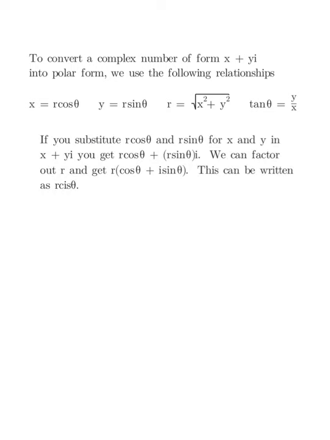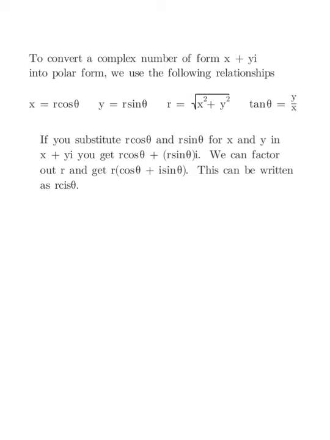If you substitute r cosine theta and r sine theta for the x and the y in x plus yi, then you get r cosine theta plus r sine theta times i.